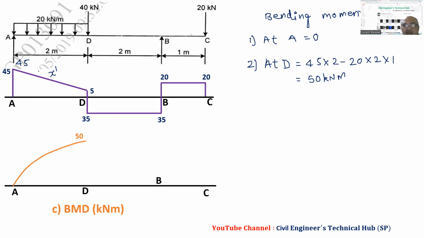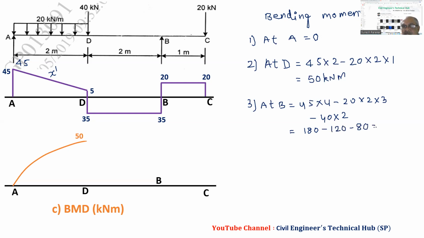And then we have to find at B. Now you have a choice at B. If we go from left, we have 45 into 4 minus 20 into 2 into 3 minus 40 into 2, and we have 180 minus 120 minus 80.